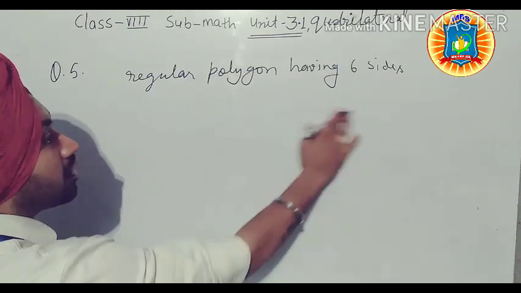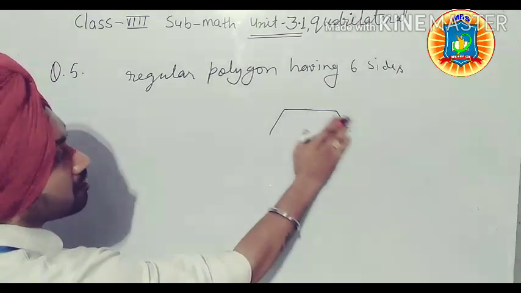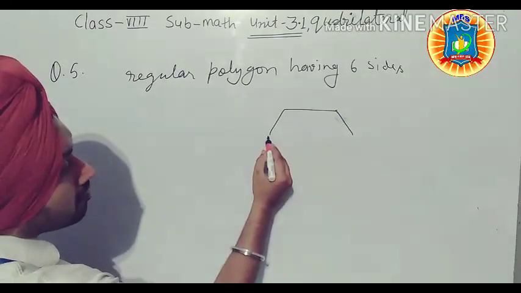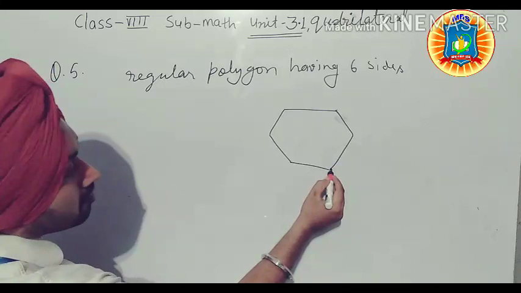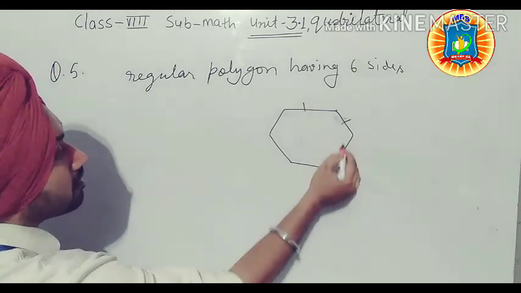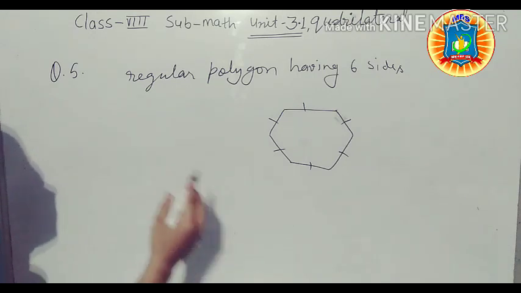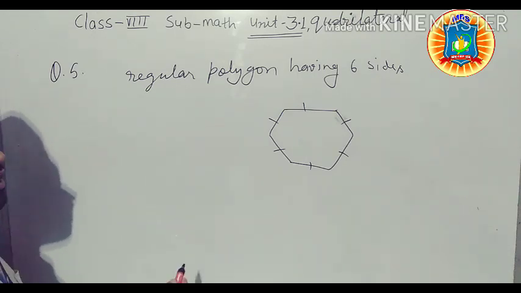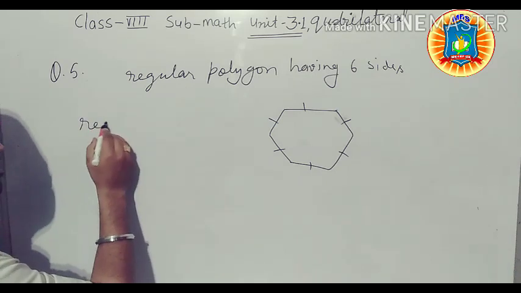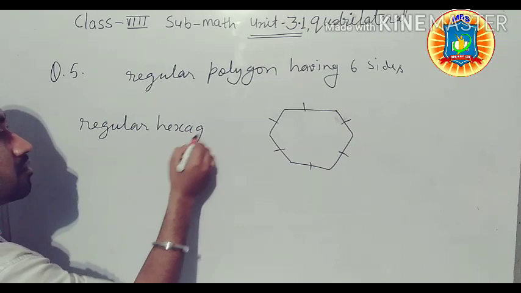A hexagon having 6 sides, if all sides are equal in a hexagon, then it is known as regular hexagon.